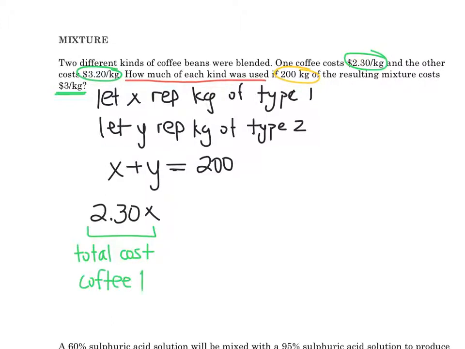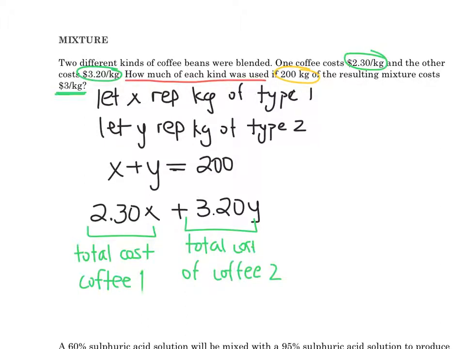Now if I do the same thing for the second type, that's $3.20 times the number of kilograms. Each kilogram is 3.20. I have Y kilograms. When I multiply it, that's going to give me the total cost of coffee 2.